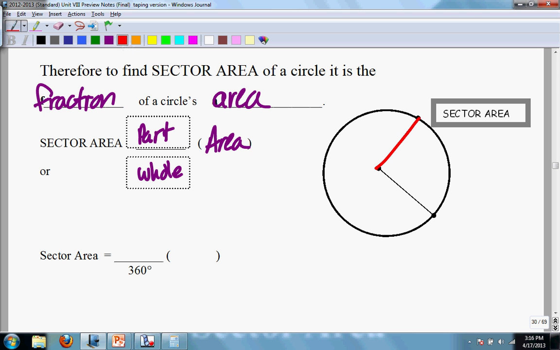Our part is whatever the measure of that central angle theta is, so you have theta over 360 times area, which is pi r squared. A sector area is just like a pizza slice.